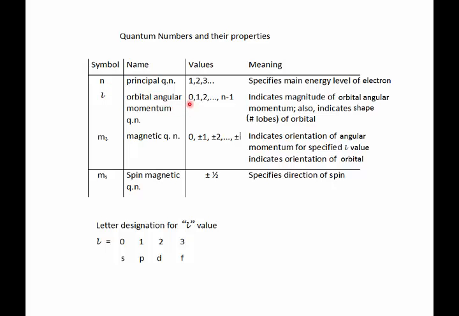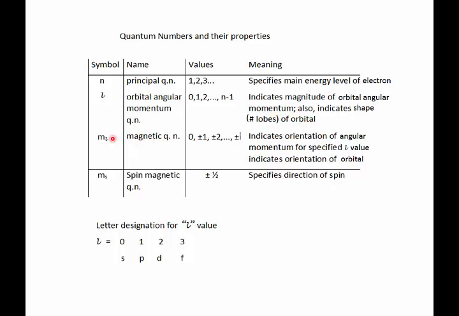The values of L run from 0 all the way up to a maximum of n minus 1. Physically, what does the L quantum number mean? It indicates the magnitude of the orbital angular momentum. It also indicates the shape, or the number of lobes, of an orbital.